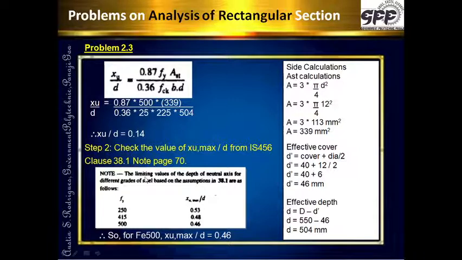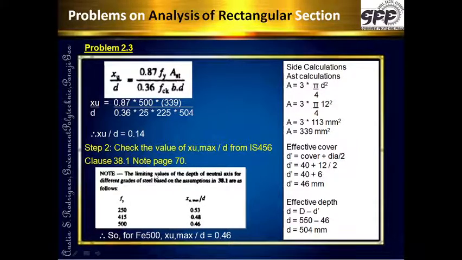Depending upon the grade of steel, we get the XU max by D. In this case we are using Fe 500, so XU max by D is 0.46.